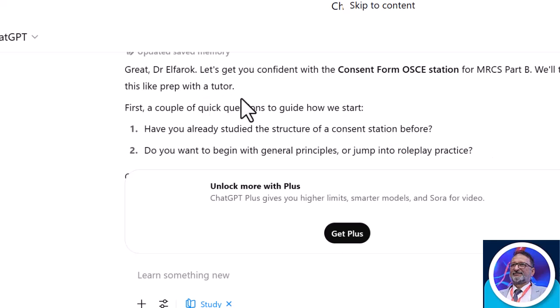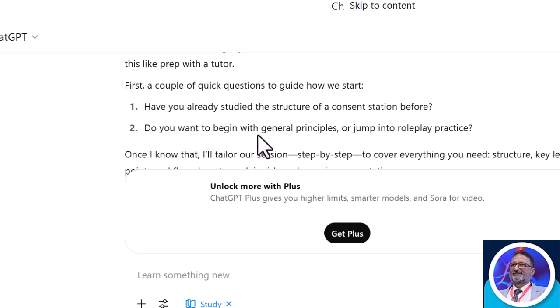It will mention the consent form, and it will mention some preparation as a tutor. First, a couple of quick questions: how ready are you, and what is your study structure for the consent form? It wants to know what level you are at, and whether you want to begin with general principles or jump into role play practice. So you can have one of two options.